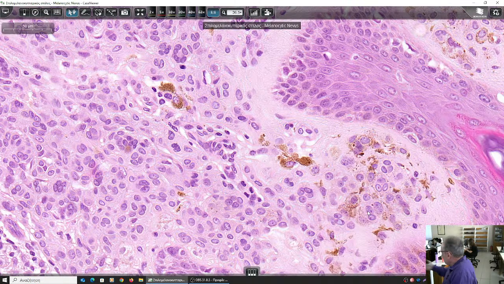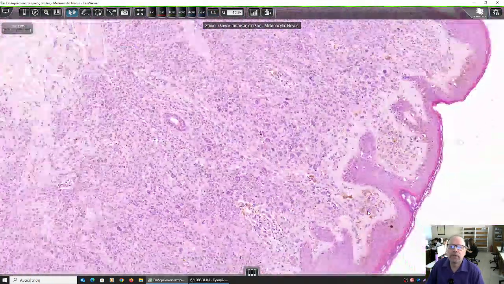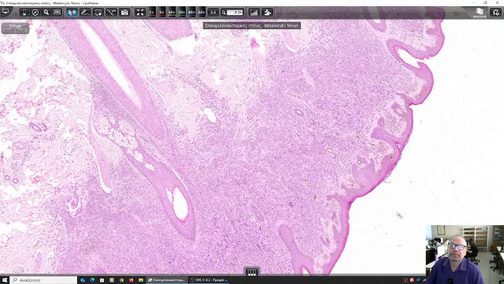So they are melanocytes. We'd better call them nevus cells. Why? Because they are benign. What are the signs of benign?